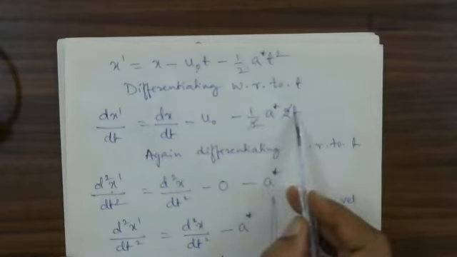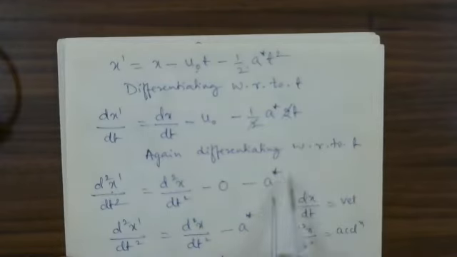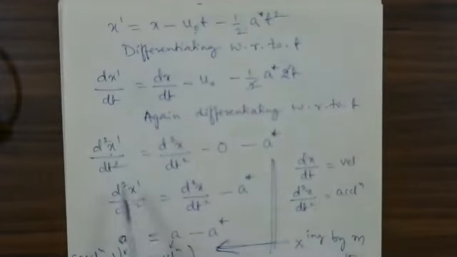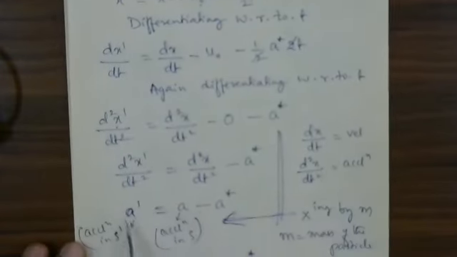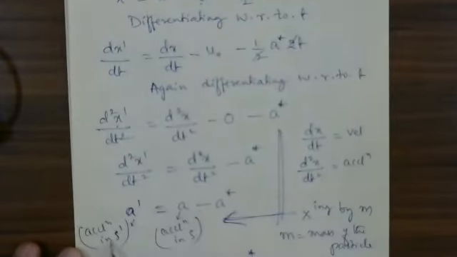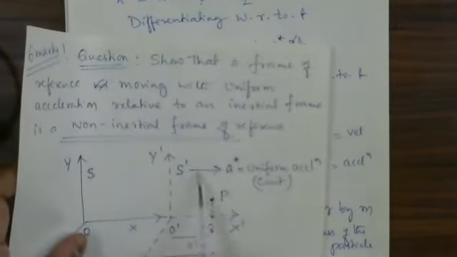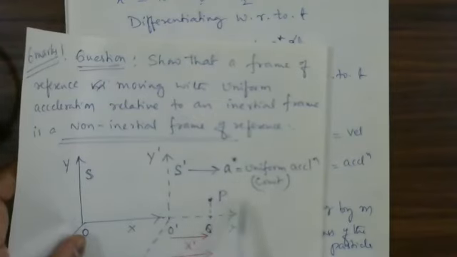Differentiation of t with respect to t is 1. But we know that d square x dash by dt square is equal to a dash, that is acceleration in the frame s dash. d square x by dt square is equal to a, that is acceleration in the frame s. Minus a star. a star is the acceleration with which the s dash frame is moving, the acceleration with which the s dash frame goes on moving along the common x-axis.